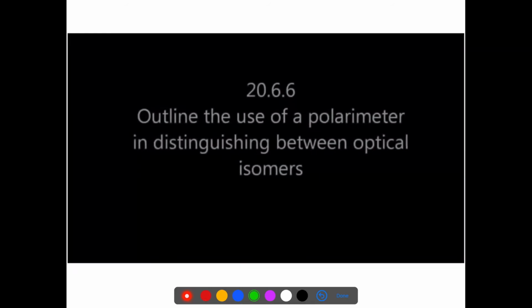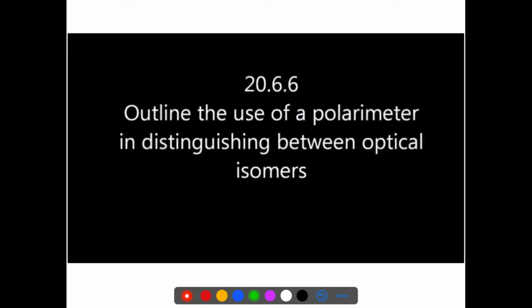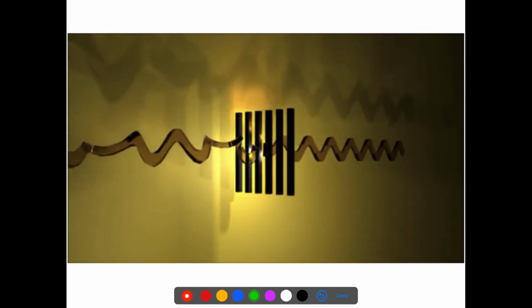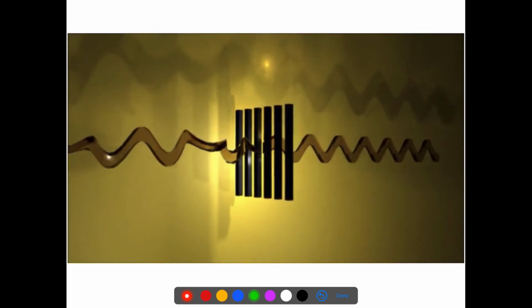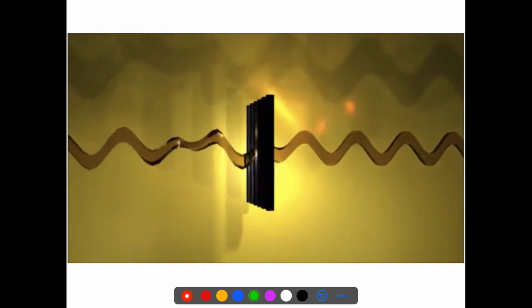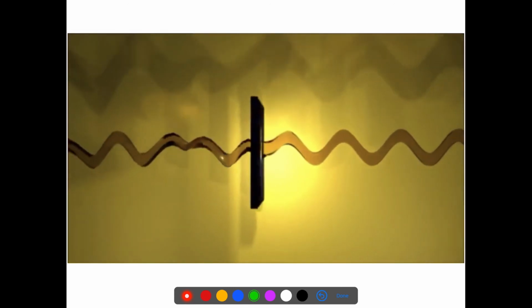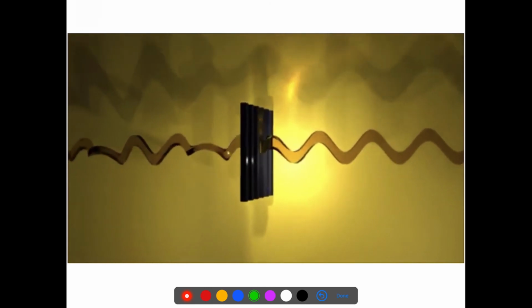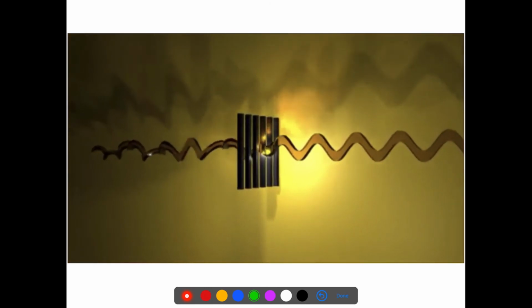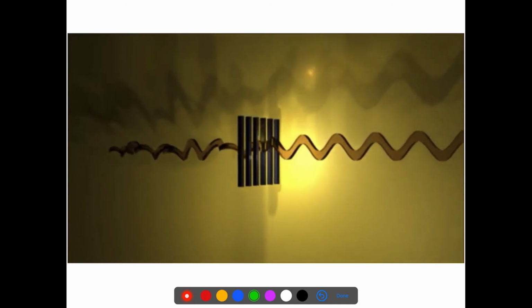I do want to show you, first we need to know about plane polarized light. The light on the left is just regular light. The oscillations are all over the place. But if you pass it through a plane polarizer, the black bars represent that, then you're left with plane polarized light, which is coming out on the right. This oscillates in only one direction or one plane.